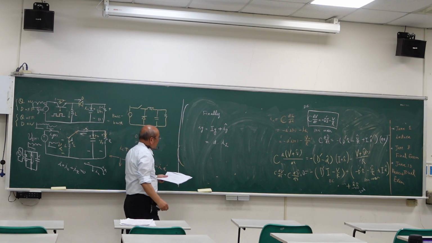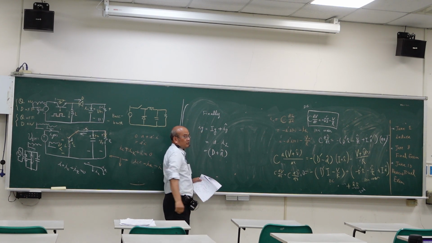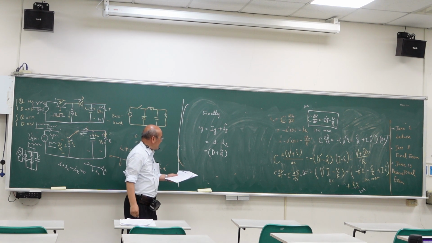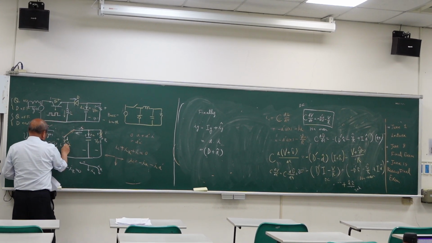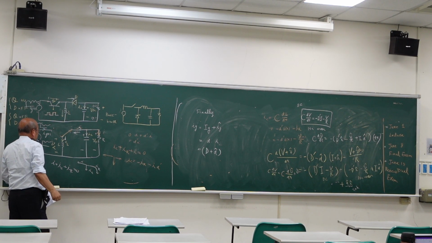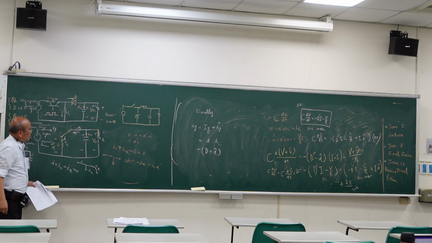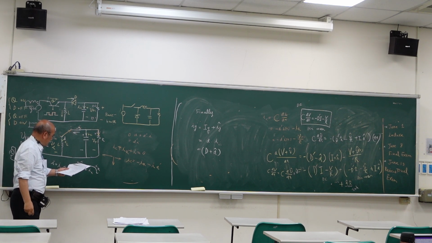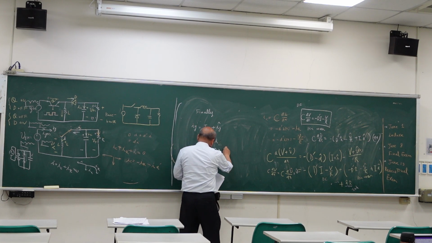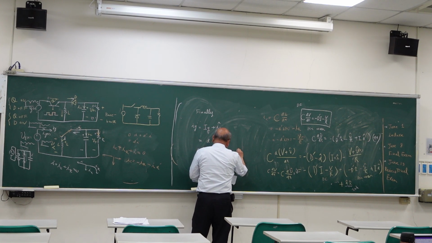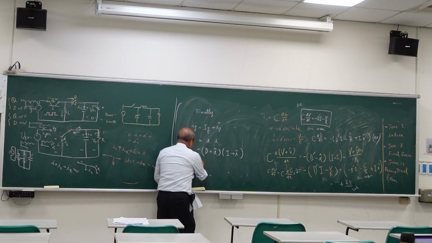What is QT? QT includes DC QT and the small signal QT, right? How about I? Not IL. This is I. So I is here, IG. This item is total. Total includes DC and AC. So we can do math.